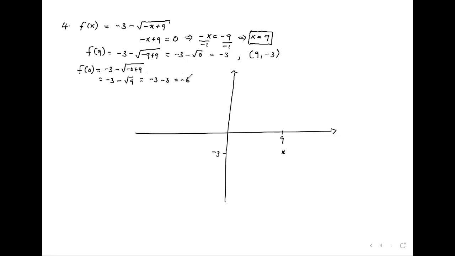So we have an intercept at -6. Okay, this means that the graph is coming this way.